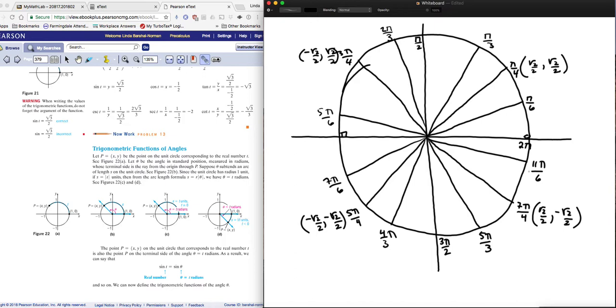Now we figured out that the sine and cosine for a 30-degree angle, cosine is rad 3/2, and sine is 1/2. And up here, it was the other way around, right? Cosine was 1/2, sine was rad 3/2.